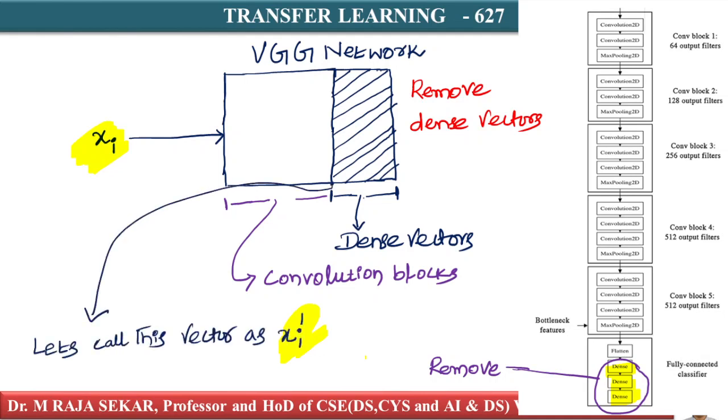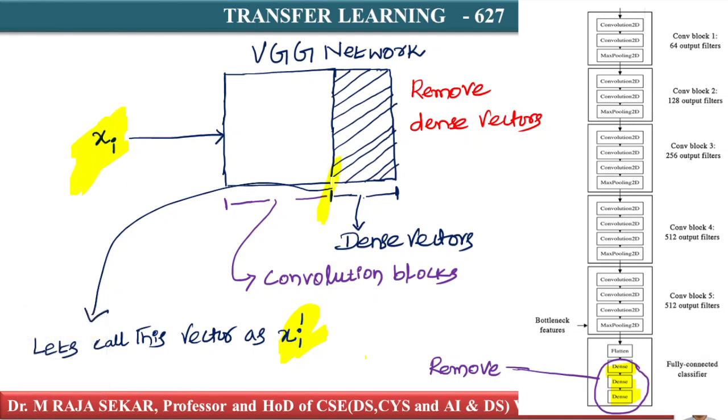Now, if I input xi vector, what will I get? Let me show like this. This is my input vector.